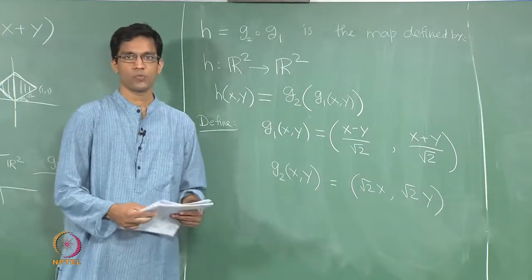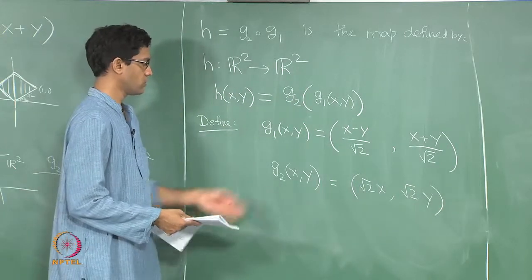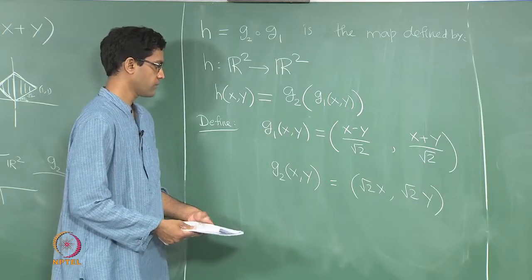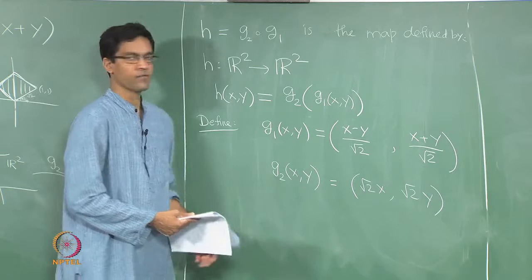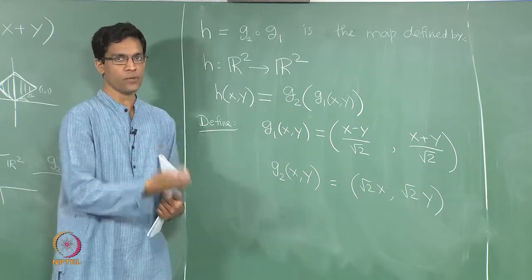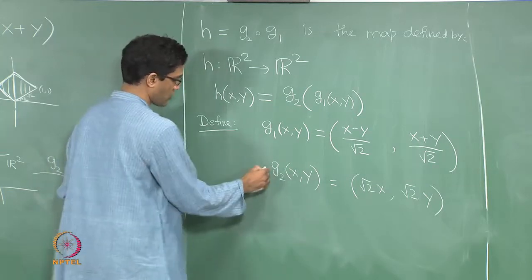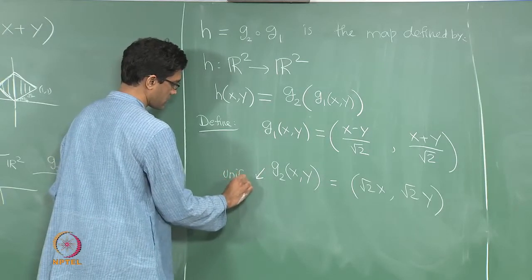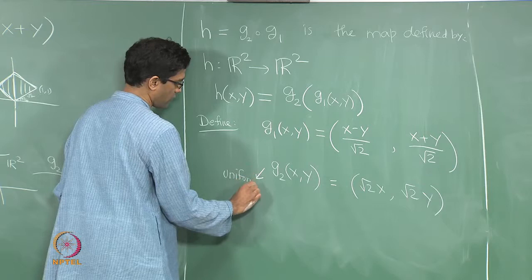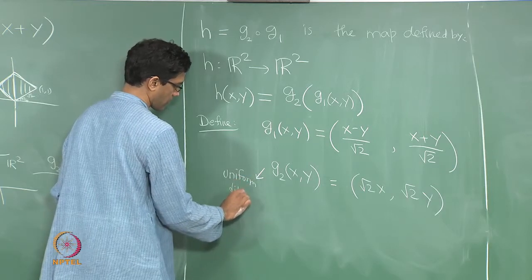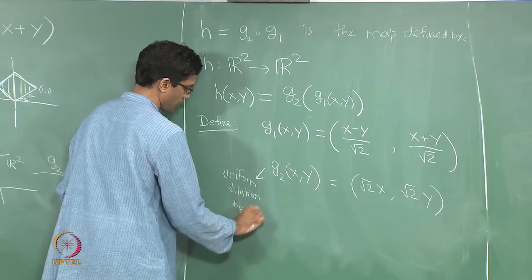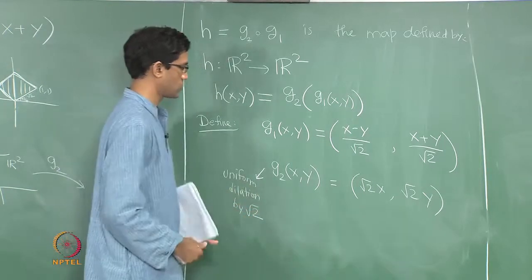Okay. So, I am taking two particular examples of g1 and g2, one of them given by the first formula, the second given by the second formula. So, observe that g2 is something that we have already looked at, it is just the uniform dilation by a factor of square root of 2. So, g2 of course is familiar, this is just the dilation or a uniform dilation by square root 2. So, everything gets expanded by square root 2.